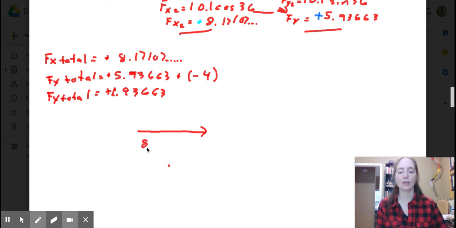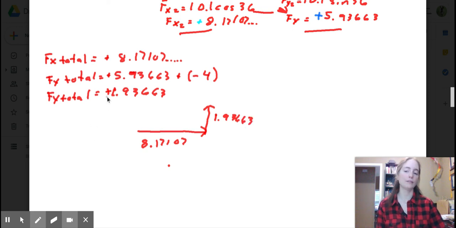Okay, so 8.17107. And then my north vector is going this way, which is 1.93663. That positive tells us it's north, and this positive tells us that we're going east.